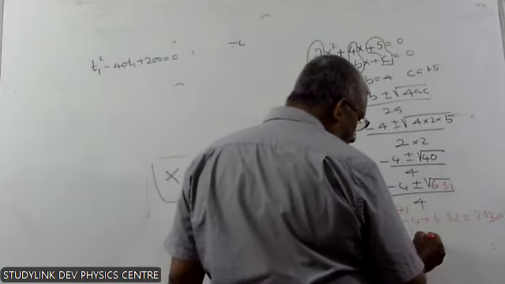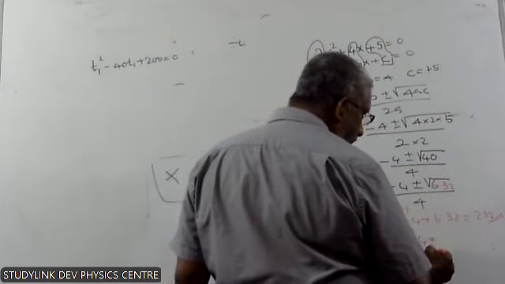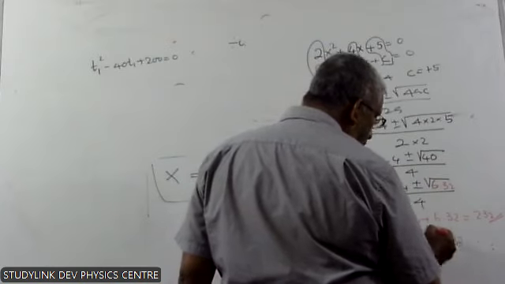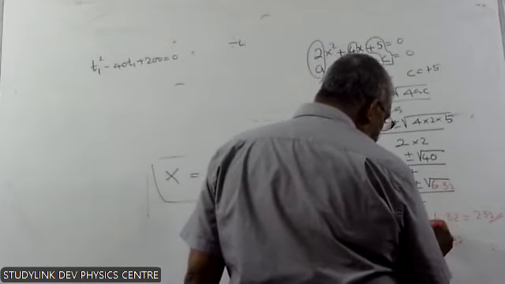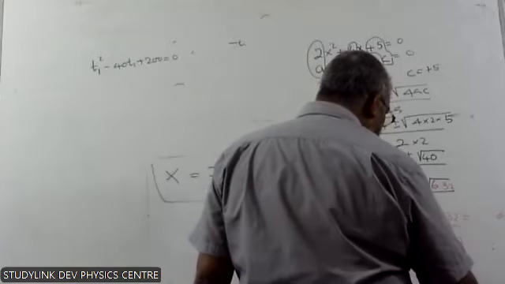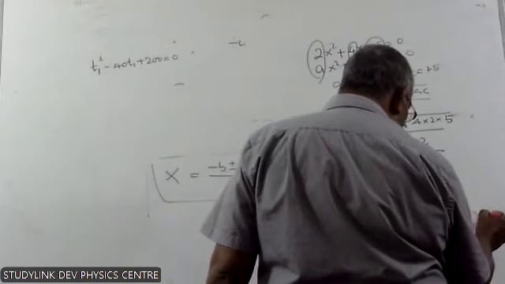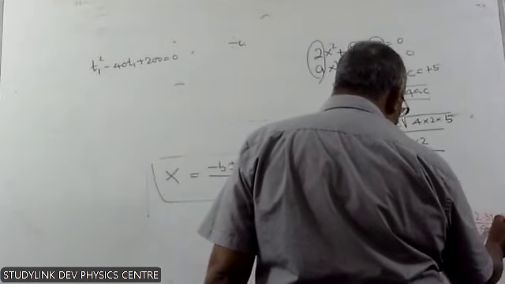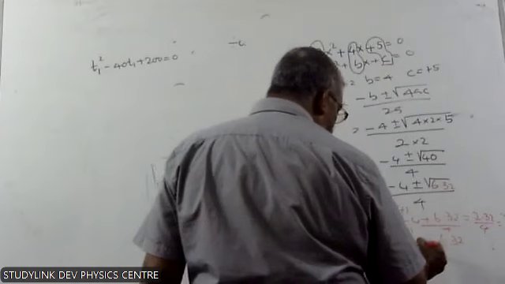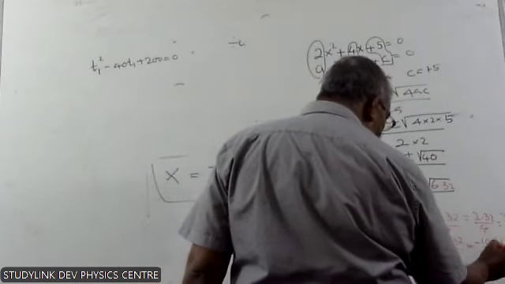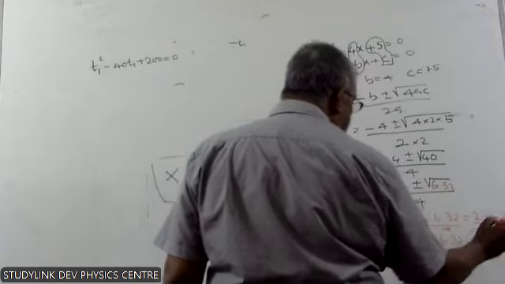For the negative sign, minus 4 plus or minus, then the minus sign 6.32, divided by 4 is also there. Then you have to get the previous answer 2.32 divided by 4. Divide and get the answer. Then minus 10.32 divided by 4 and get the answer.